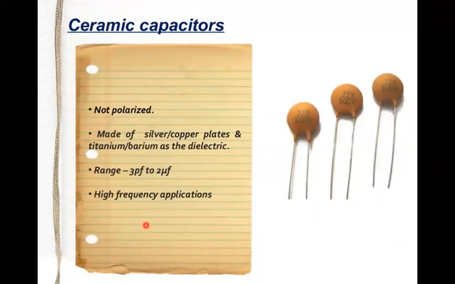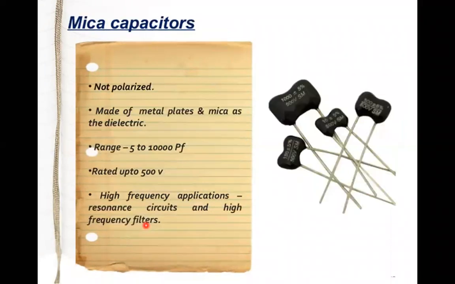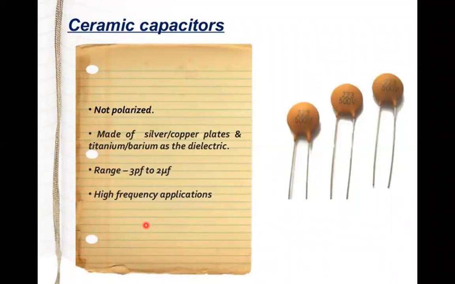Ceramic capacitors are also not polarized. In fact, examples of non-polarized capacitors can be ceramic, mica, and some electrolytic capacitors. This is non-polarized, made up of silver or copper plates, and titanium or barium as a dielectric medium.